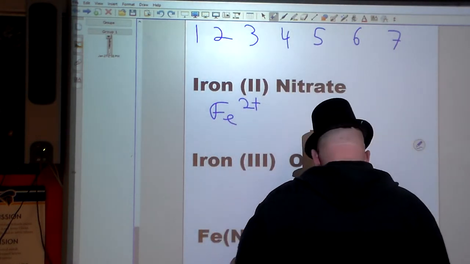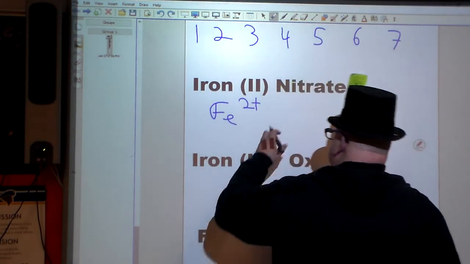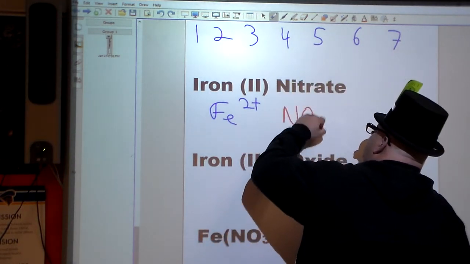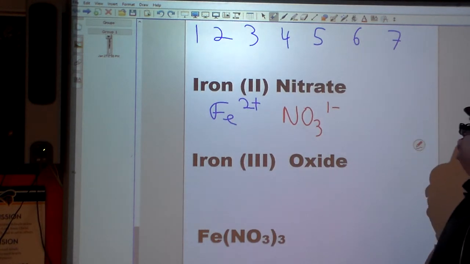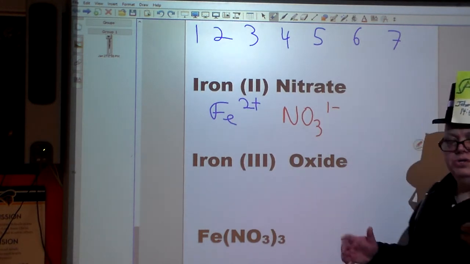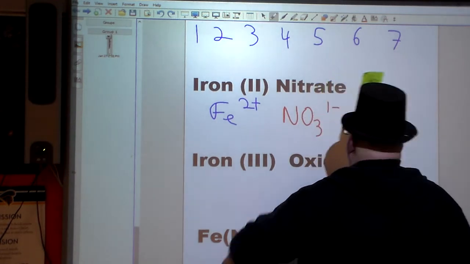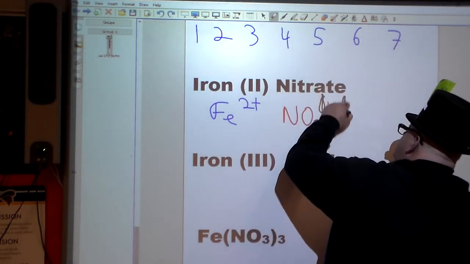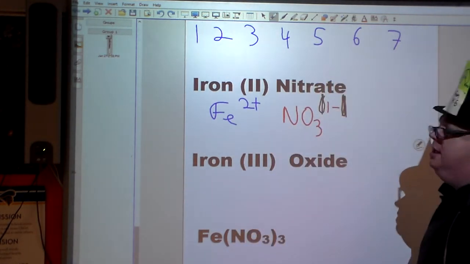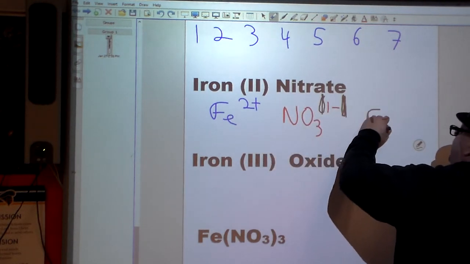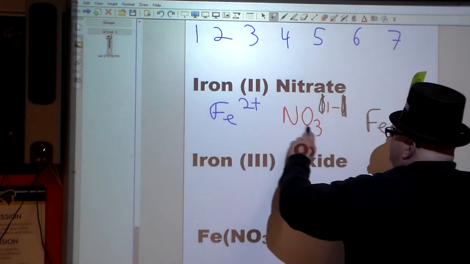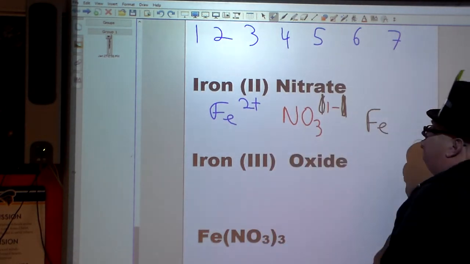Okay, nitrate, I have an NO3 with a -1, like this. Okay, so I can do the power of the crisscross, right? I need to change this into a 1, and I'm going to bring it down to here. So I'm going to have Fe, and then here I'm going to bring in the 2. I've got 2 of these NO3s.